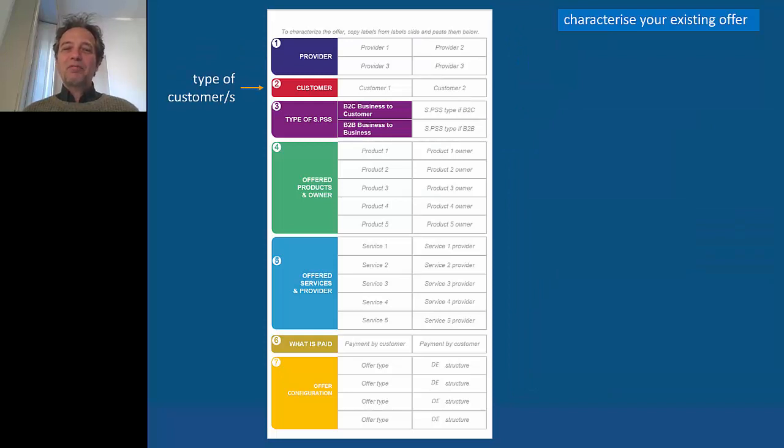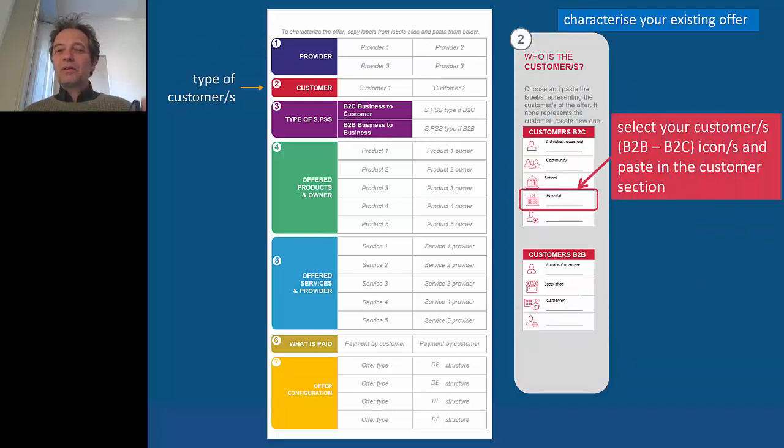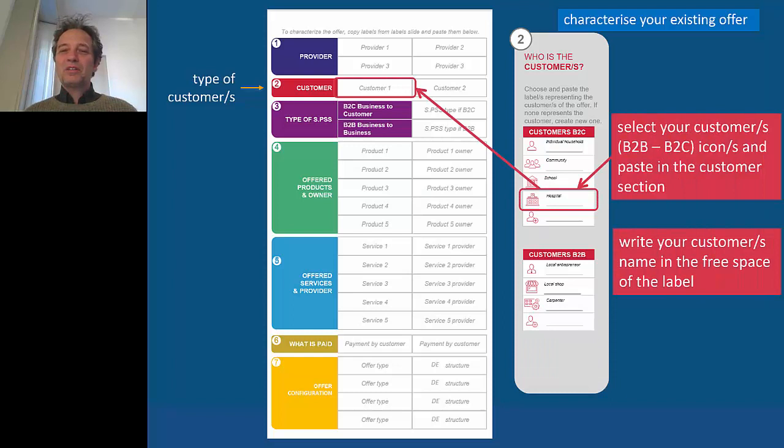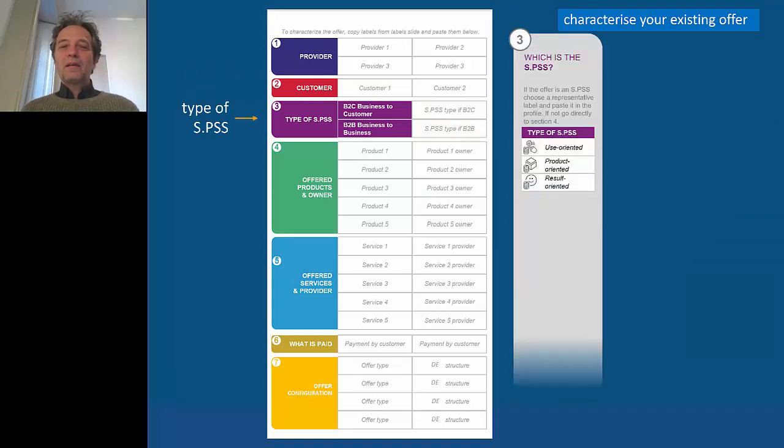We can define the type of customer going to the section related to the customer. The customer is in red, so we select the label that is related to the customer typology, and we can write in the free space the name of the customer.